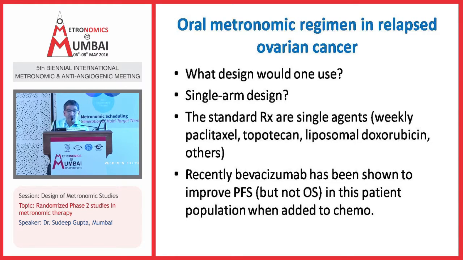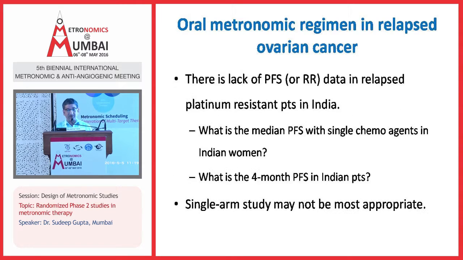So, for design, one would use a single arm design, and we know the standard treatment in this sort of a scenario are single agents such as weekly paclitaxel, topotecan and so on, but more recently Avastin has also been shown to improve progression free but not overall survival in this patient population.